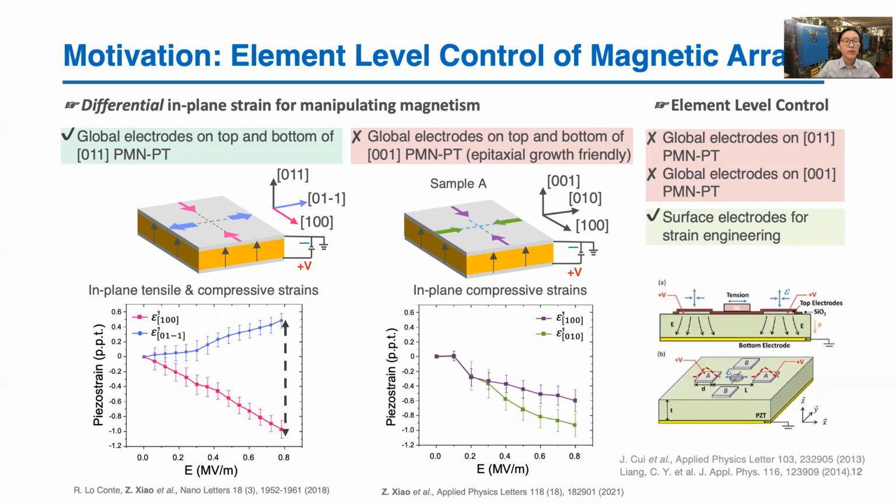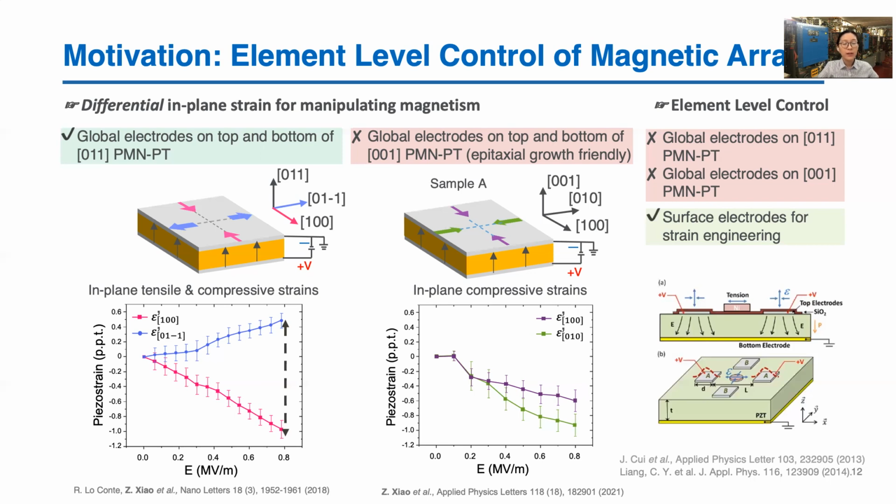So the motivation of this work is to achieve element level control of magnetic arrays with strain. So we noticed that in order to get the in-plane strain to support element level control, first of all, we would prefer to have a differential in-plane strain for manipulating the magnetism. So here on the left-hand side, it's from our work previously published in Nano Letters.